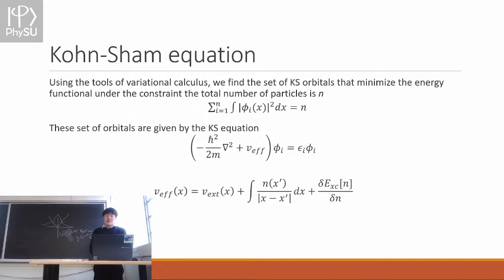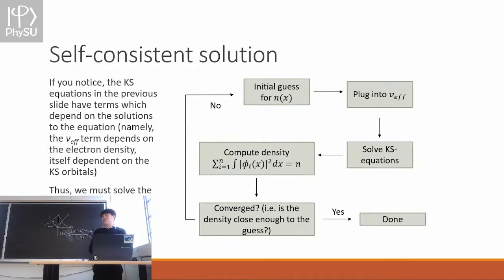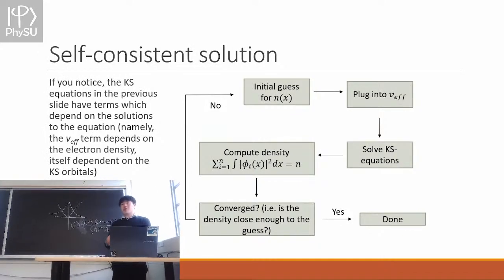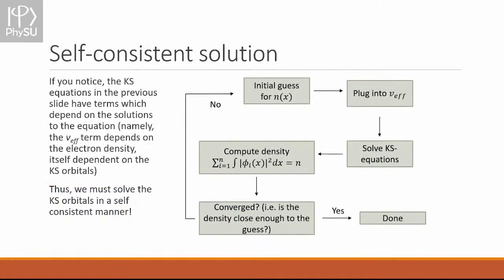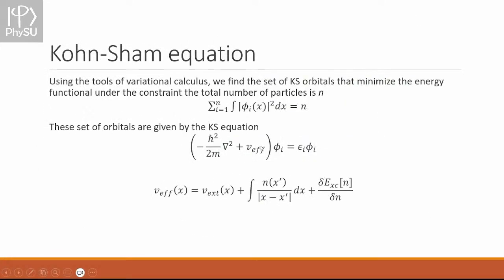So now what's left for doing DFT is how you solve the Kohn-Sham equation. The method that's used in practice is called the self-consistent field method. If you notice in this Kohn-Sham equation, the effective potential actually depends on the ground state density itself, right?